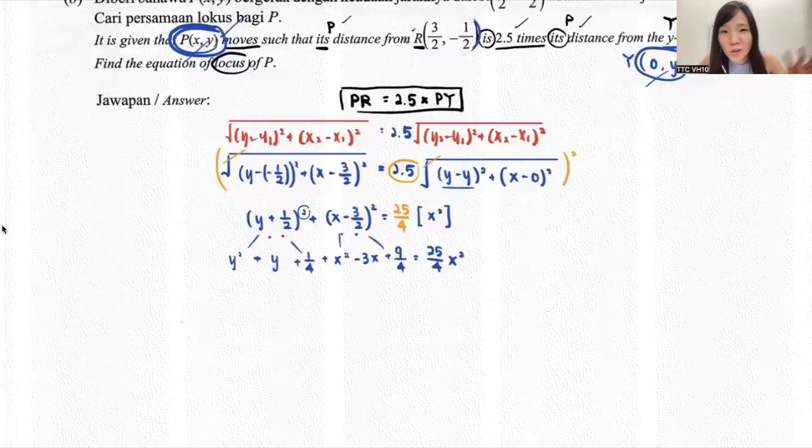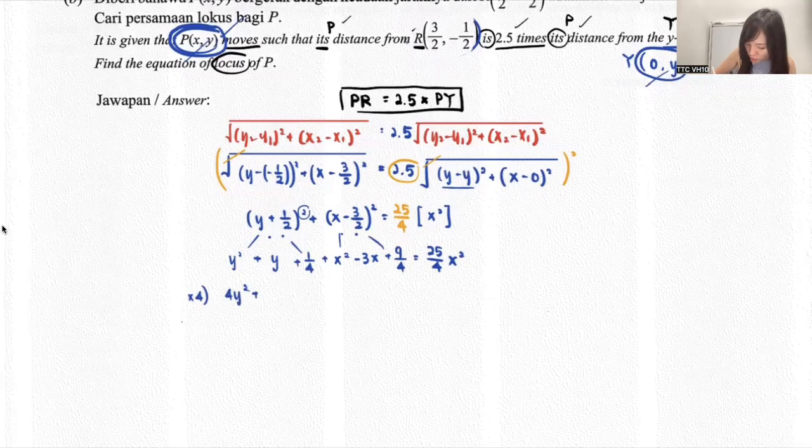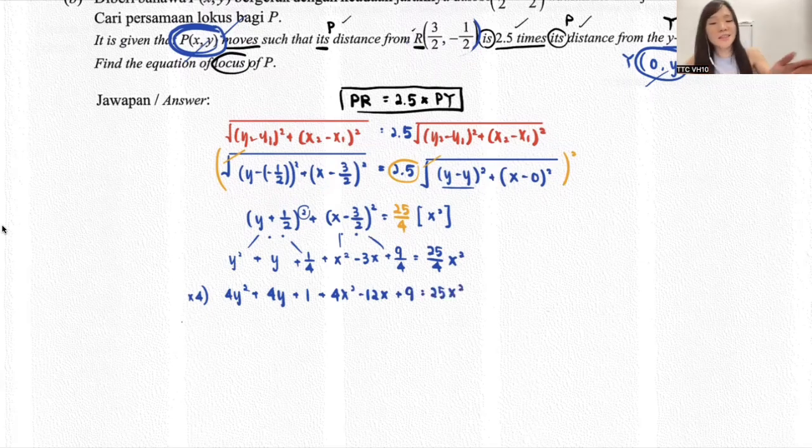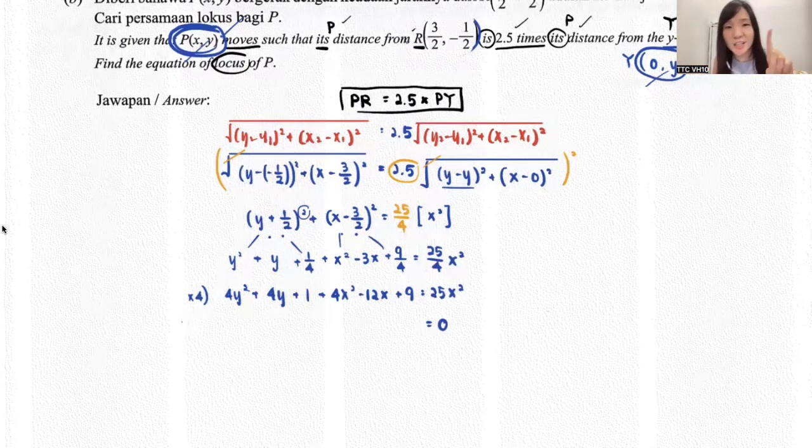So my dear, remember, for the locus answer, some people want fractions or not. So if I'm you, I will multiply everything by 4. So this one times 4 gets 4, this one times 4, this one times 4, no more denominator. This one times 4, this one times 4, and this one times 4 as well. Now, this is whatever I get. Remember, the locus answer can be very long, but it's always equivalent to 0. So every single thing move to one side. Sequence not important.